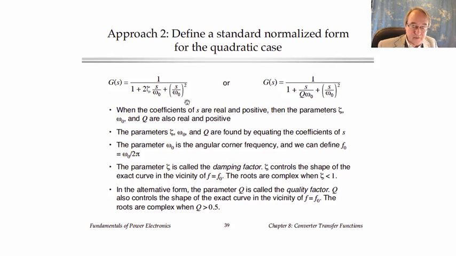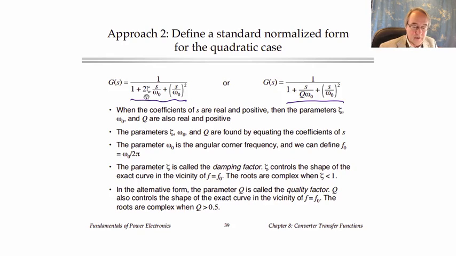So in the complex case, what we're going to do instead is define a new standard normalized form for the second order type polynomial, and then derive the magnitude and phase asymptotes without assuming that we have real roots. There are two forms that are in common use in the control business for the second order case.